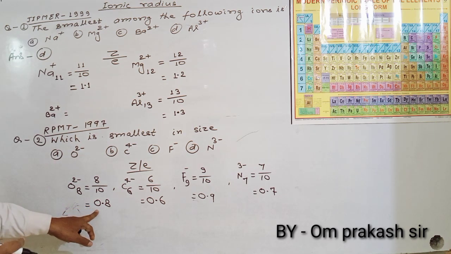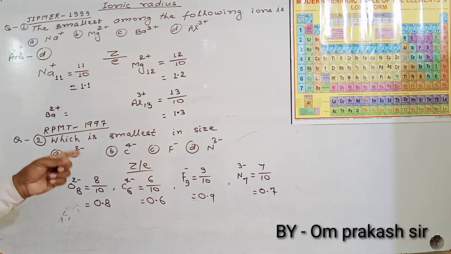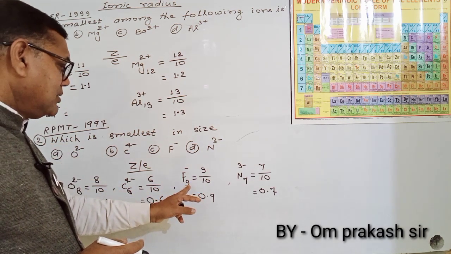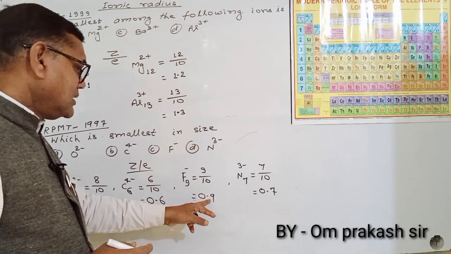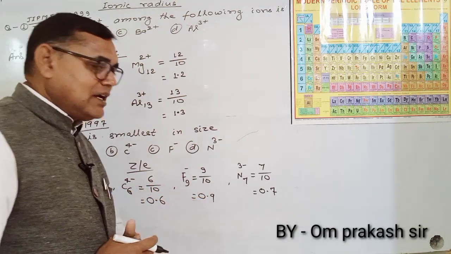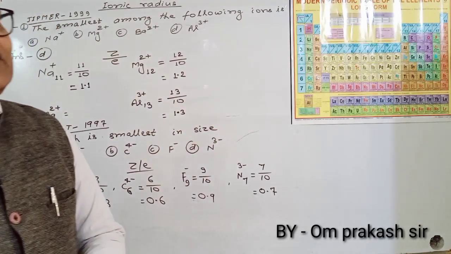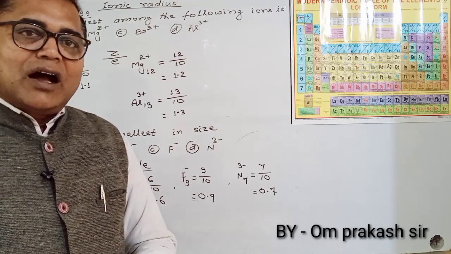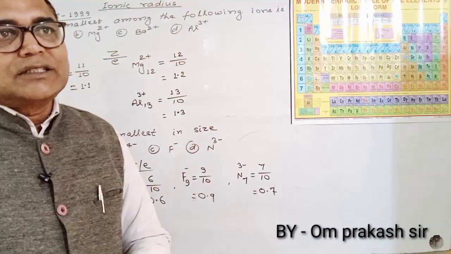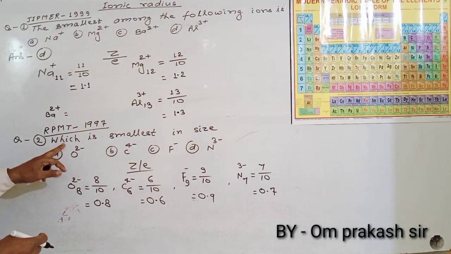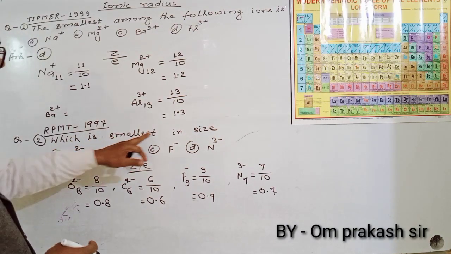The value of Z upon E is greater for 0.9. We know that the greater the value of Z upon E, the smaller the size of ion or ionic radius. Question asks, which is smallest in size?